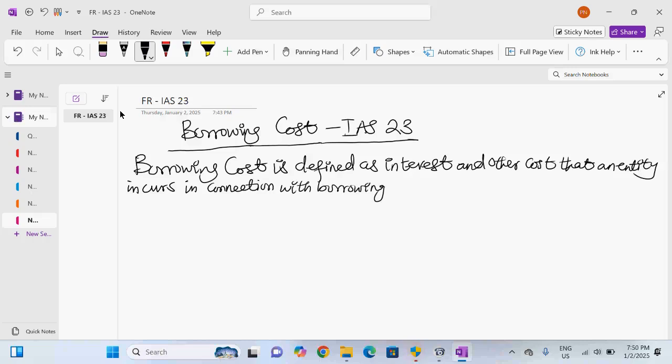That is what borrowing cost is, any cost that is associated with you borrowing funds from the various banks.